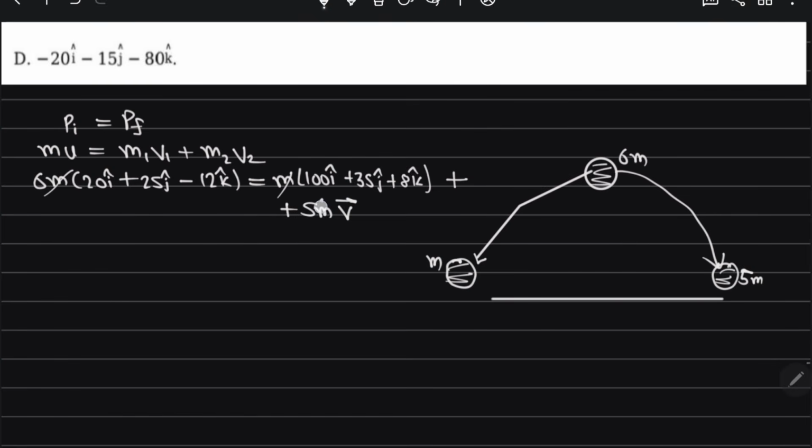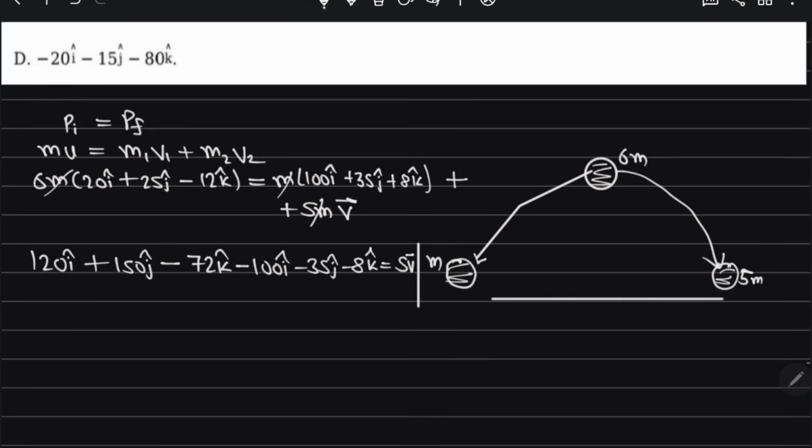First m is going to be cancelled. Then 6 times 20 is 120 i cap, 150 j cap, 72 k cap, minus 100 i cap minus 35 j cap minus 8 k cap, is equal to 5V vector.